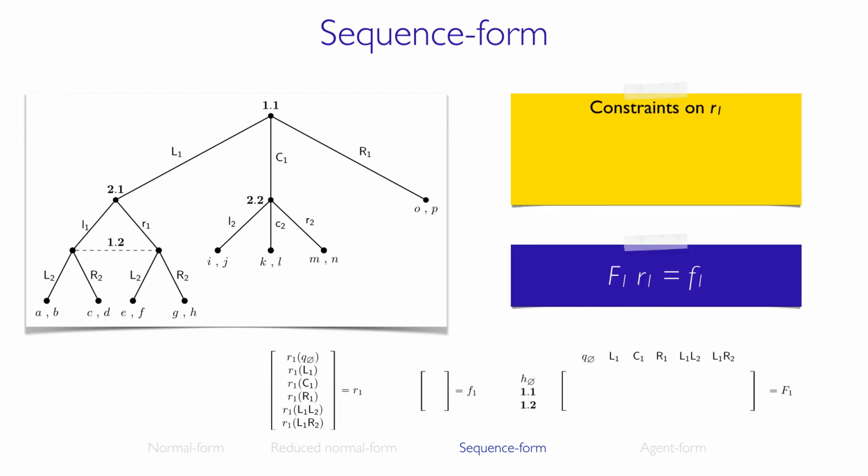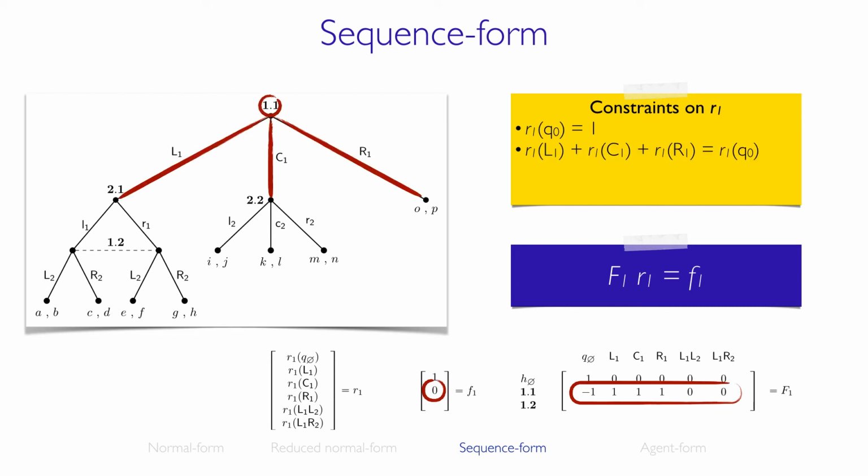Now we show the sequence form constraints on the strategy plans. We have the usual constraint that places probability 1 on the empty sequence. Information set 1.1 defines a constraint enforcing that the sum of realization probabilities of sequences L1, C1, and R1 must be equal to the probability of the empty sequence, which is 1.